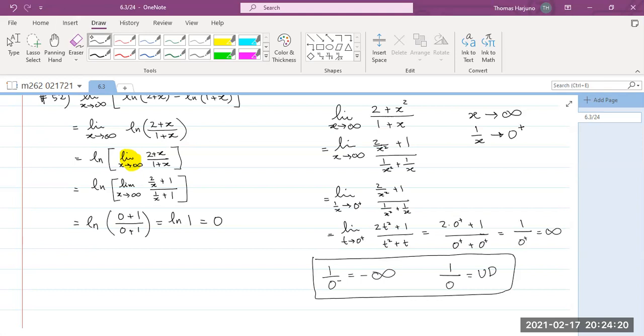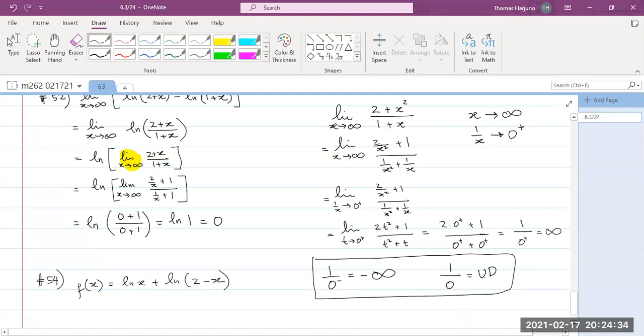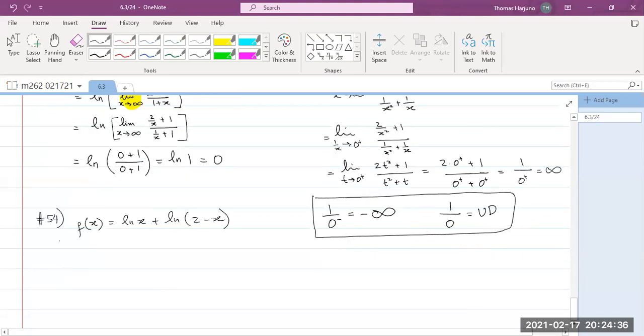Number 54. If we have f(x) equals natural log of x plus natural log of 2 minus x, what's the domain? Remember, the argument of natural log has to be positive.